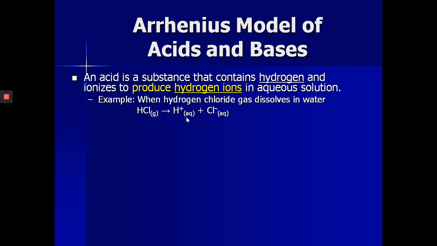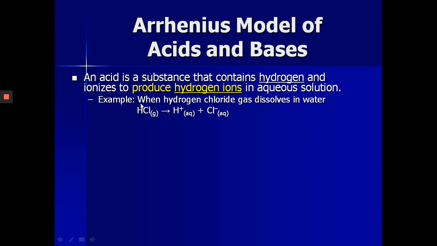According to Arrhenius, an acid is a substance that contains hydrogen and ionizes to produce hydrogen ions. So basically, it's going to be a hydrogen producer. So any kind of species that produces a hydrogen cation is considered an acid.